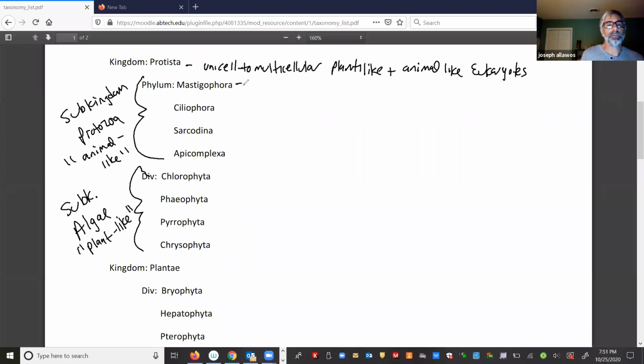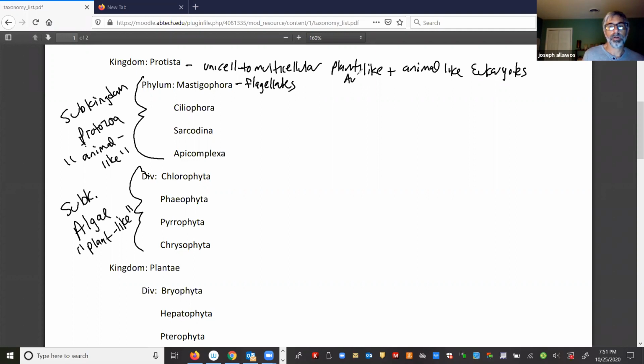The mastigophorans are the flagellates. Now, it should make sense to you if these things are animal-like, they're heterotrophic, right? So the protozoans are heterotrophic, the algae are autotrophic.